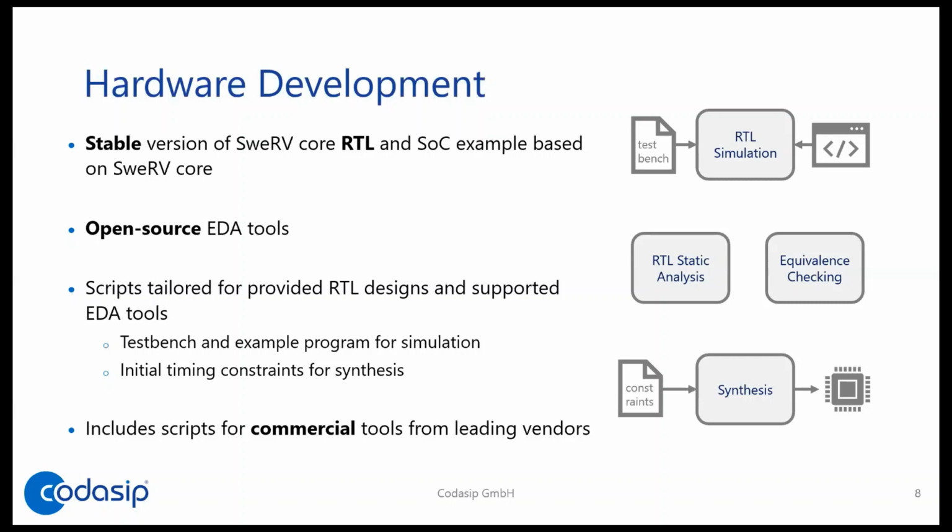We also include open source EDA tools and scripts which are related to a specific EDA tool and RTL design, which means that for simulation you would need a test bench, or for synthesis you would need timing constraints. Because commercial development is often done with commercial tools, we also include these scripts designed for tools from leading vendors in the commercial area.